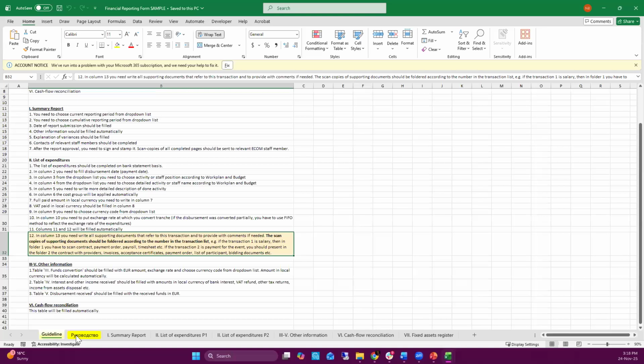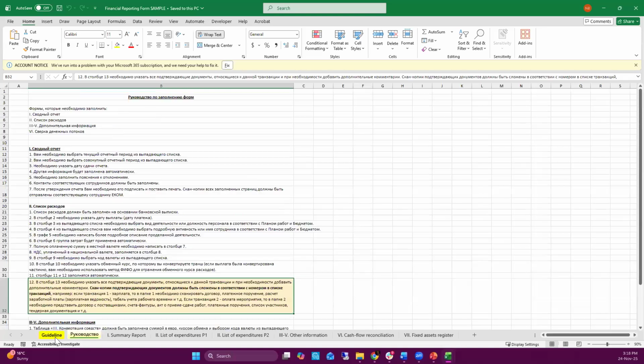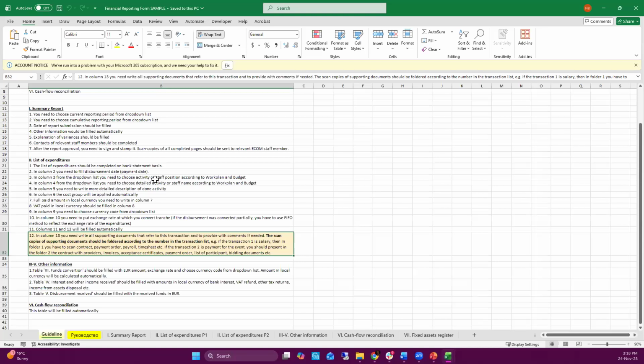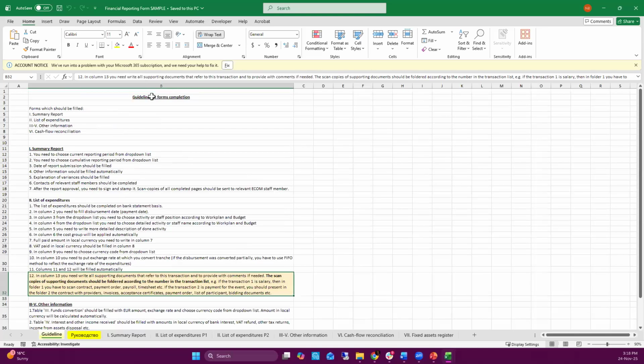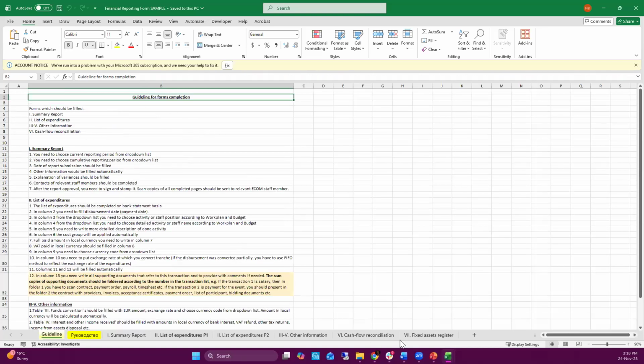So the very first two sheets of the file, here you will find the guidelines on how you should fill out the form. So these are instructions on how you need to fill out this form. I advise you to read all those instructions carefully because they normally give you all the directions of what to do and how to do it.